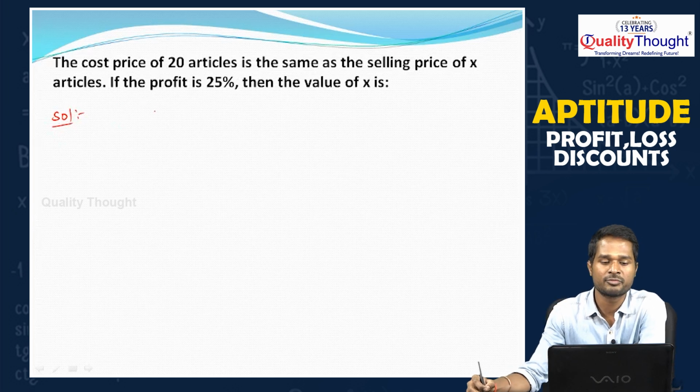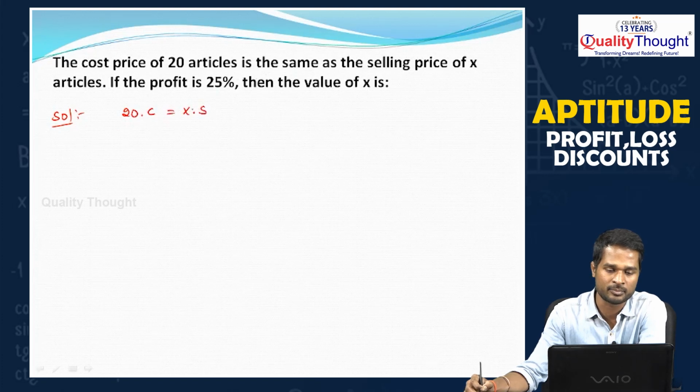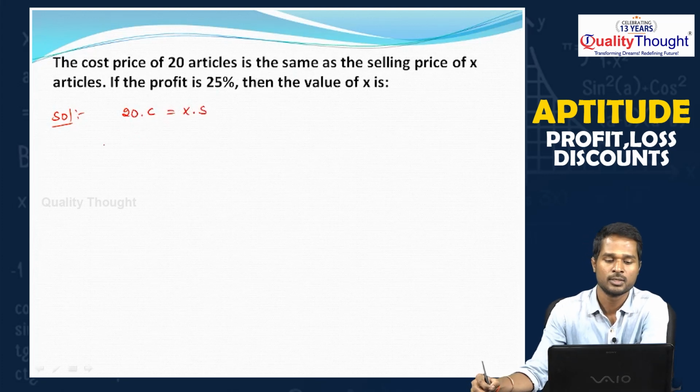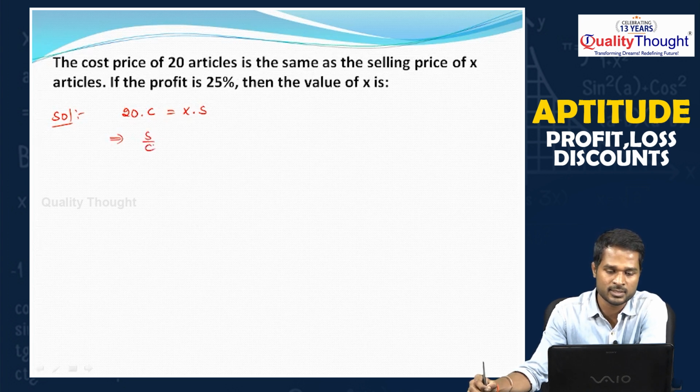The cost price of 20 articles, that is 20 into cost price, is the same as the selling price of X articles. So, as usual write the cost price in the denominator. So, it is S by C, and S by C is equal to 20 by X.